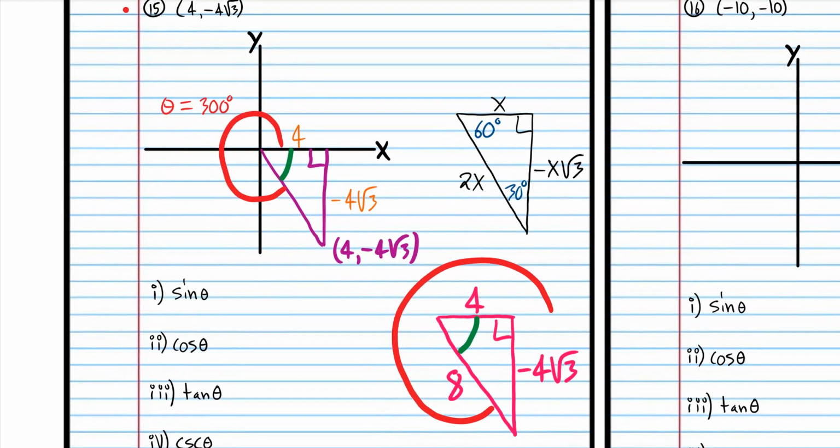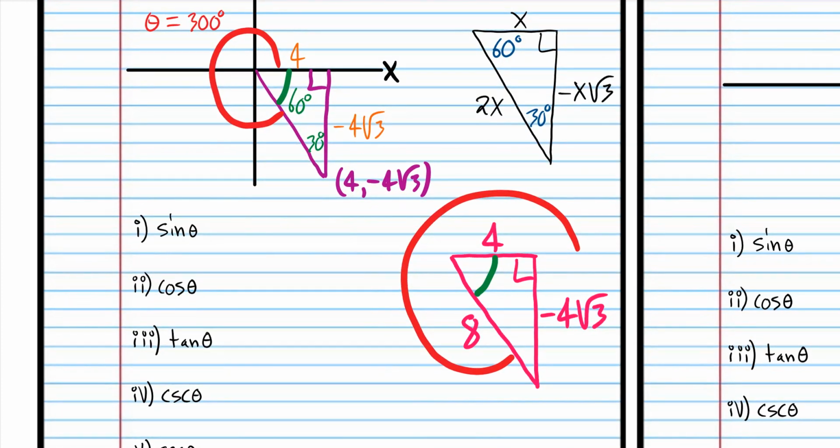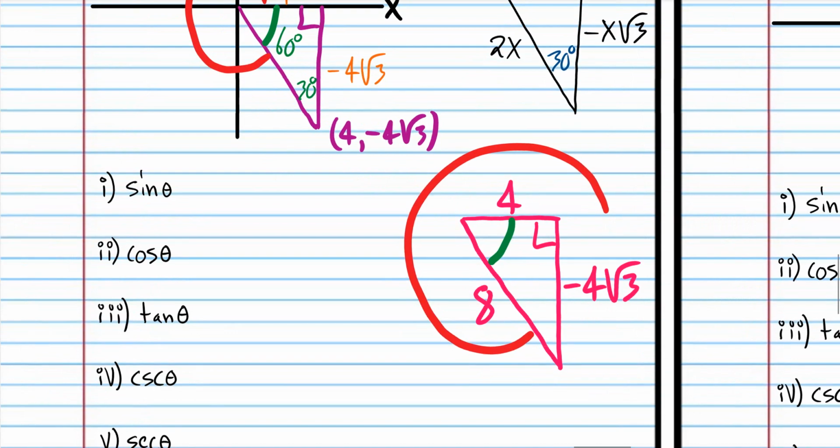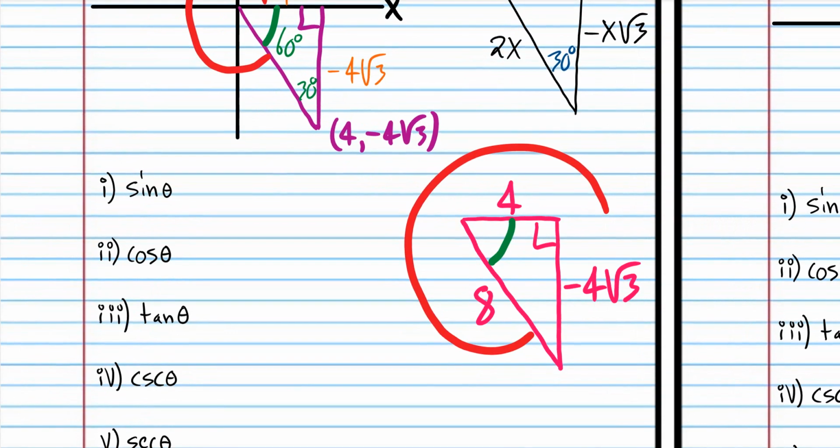And the green angle is 60 degrees. But we don't really need the measure of the angle because we have our triangle right here. You could use it if you wanted to, but we have our triangle there, so let's go ahead and calculate the values.